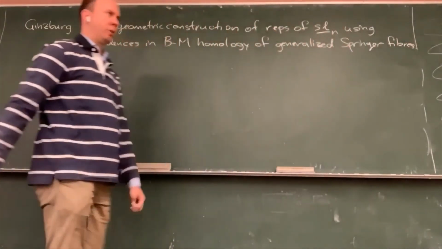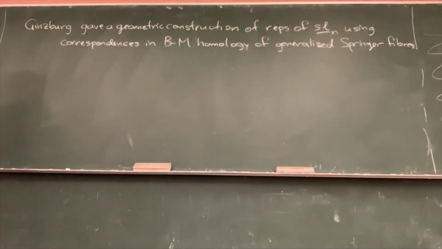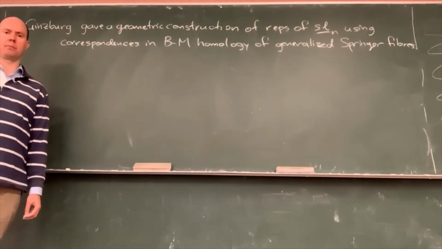So all I want to show you is the SL2 case, because this will at least illustrate the idea in an example where the spaces themselves are reasonably easy to grasp.